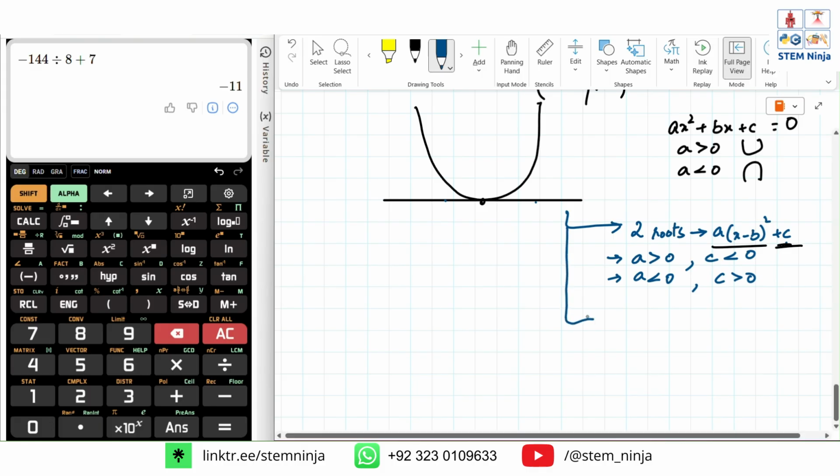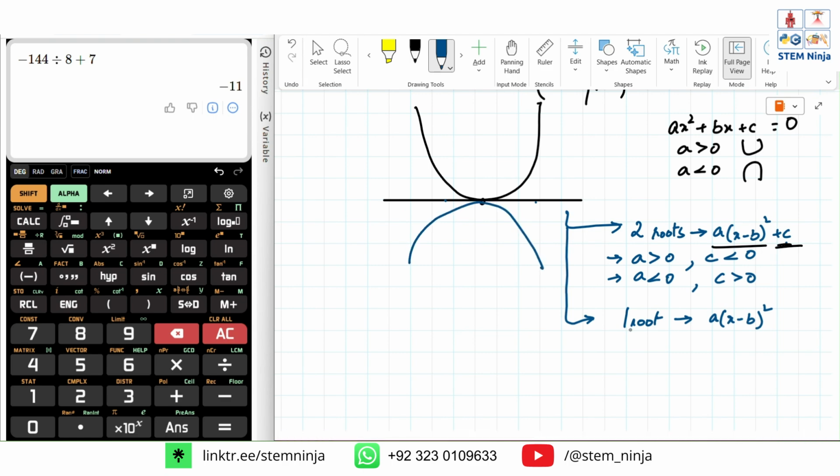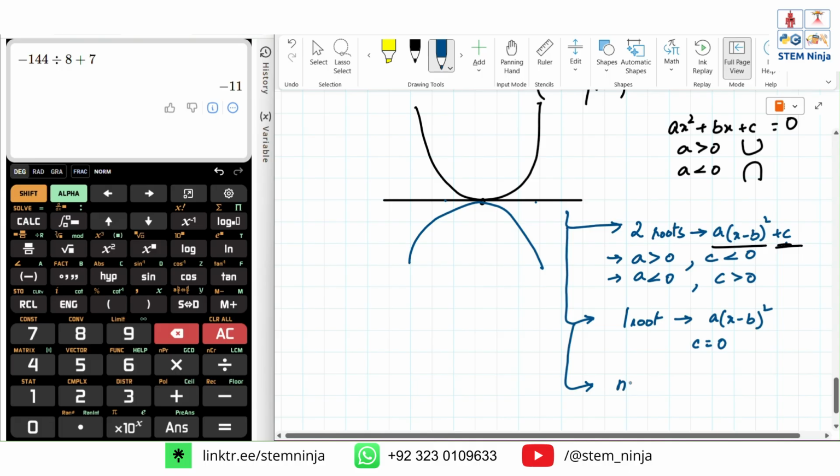So one root would mean the graph just touches the axis like this. And whether you have a less than form or greater than form, c would be equal to 0. You can identify this from the completed square form also. But if you do not have any roots, how will this look?